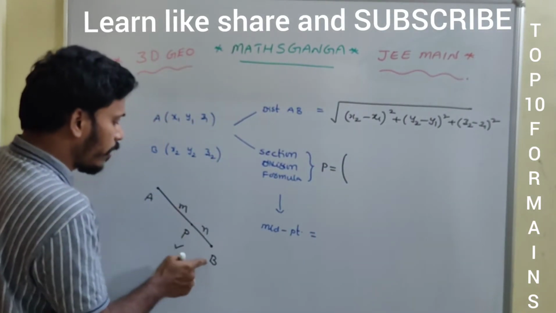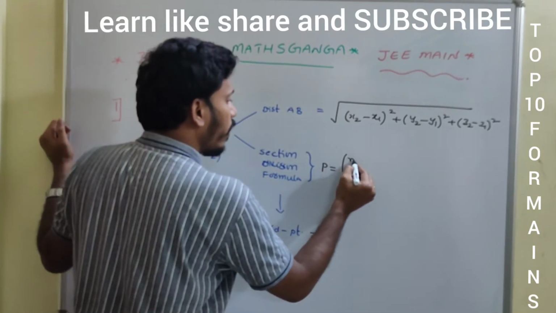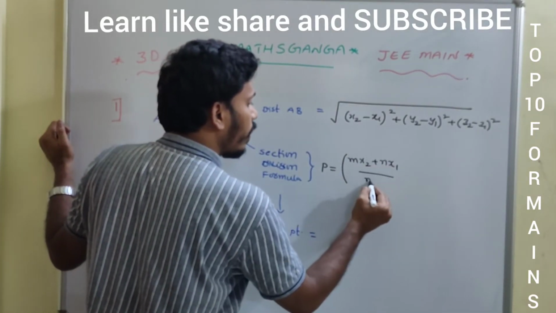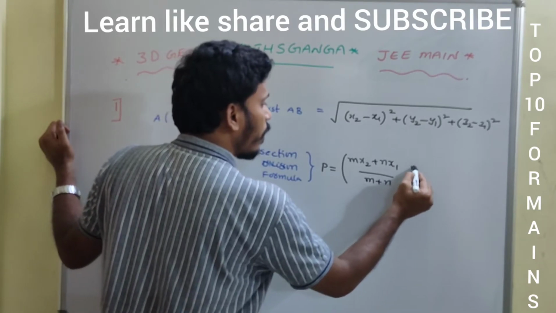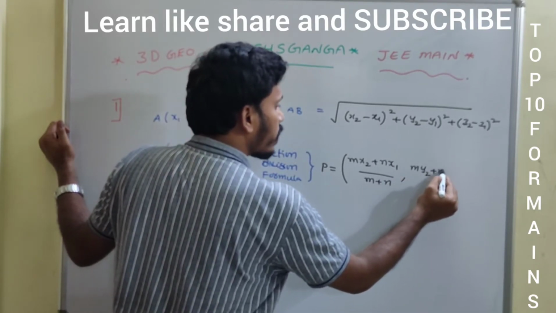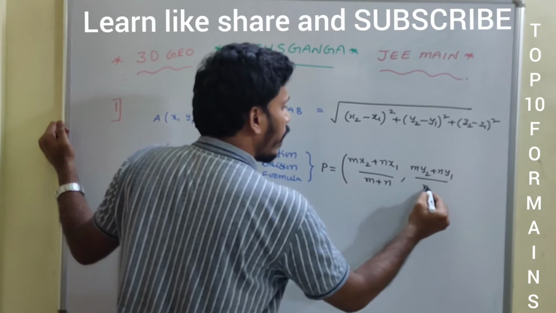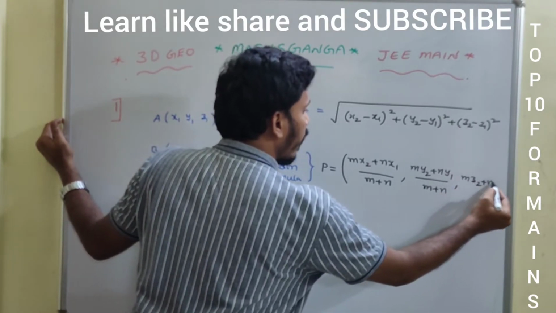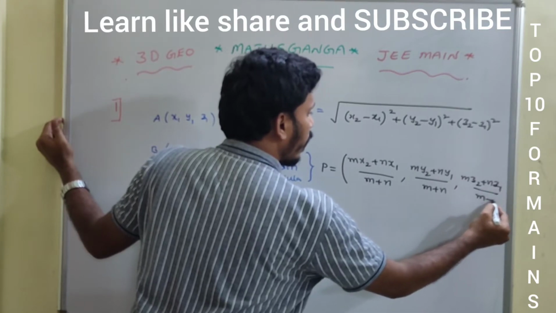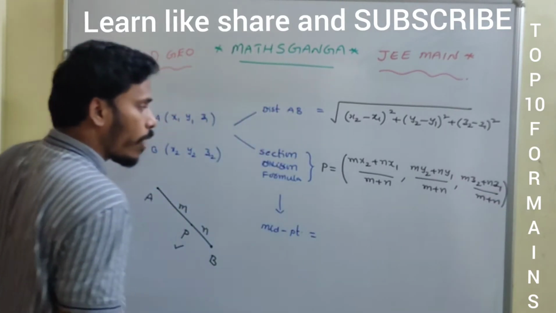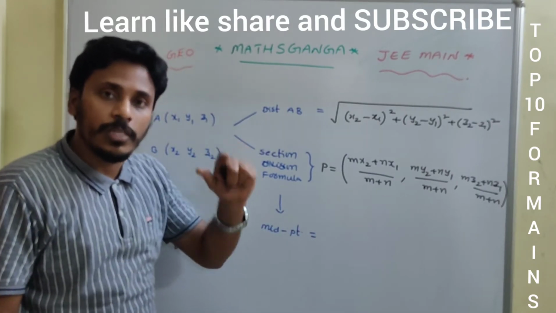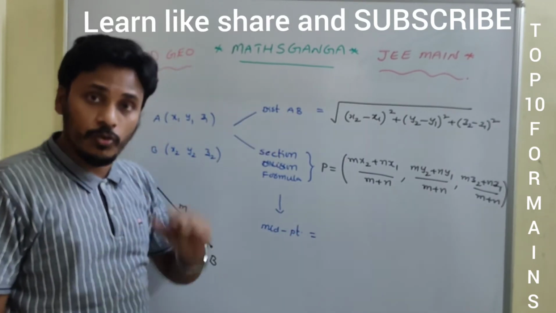P is simply ((mx2 plus nx1) by (m plus n), (my2 plus ny1) divided by (m plus n), (mz2 plus nz1) divided by (m plus n)). This is the section division formula, for the point P dividing the given points A, B in the ratio m is to n.